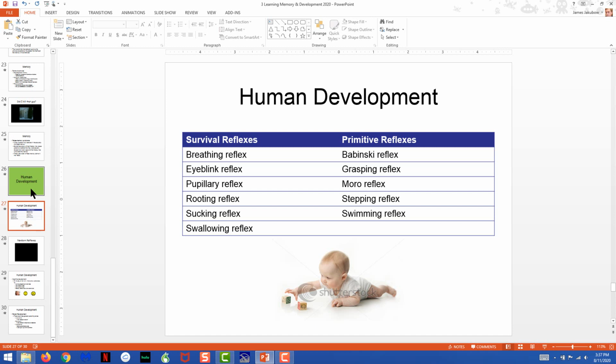The primitive reflexes are a list of reflexes that do not appear to have any particular value today, but the assumption is that in previous evolutionary history these reflexes served some particular purpose.